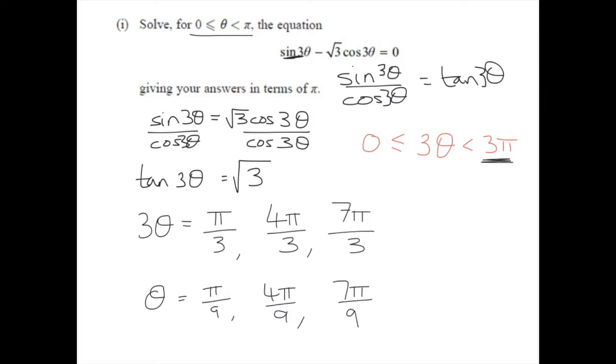One thing I will say is a common mistake. You'll originally find the first solution, so let's say in this case pi over 3. What people tend to do sometimes is take the solution they got in the calculator, divide everything by 3 to get pi over 9, and use this value to find the other solutions, which will obviously be wrong.